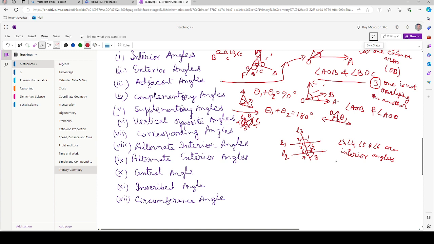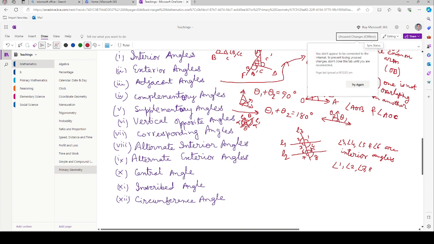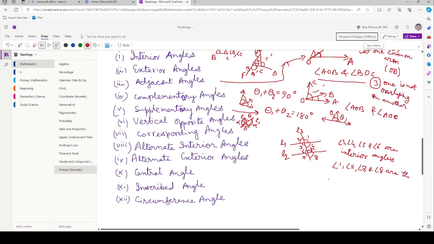Similarly, we can say angle 1, angle 2, angle 7, and angle 8 are the exterior angles. Okay.